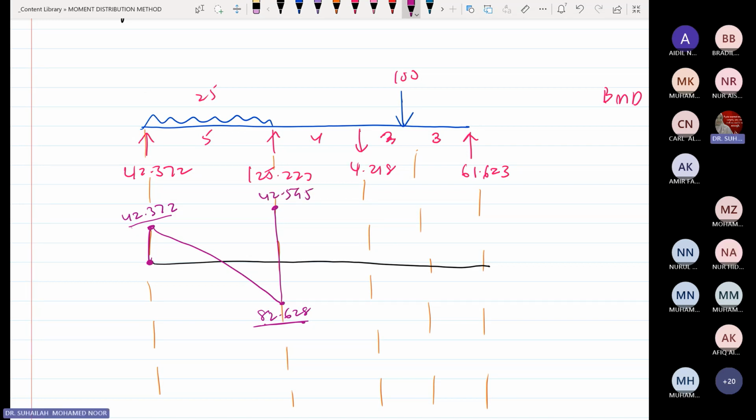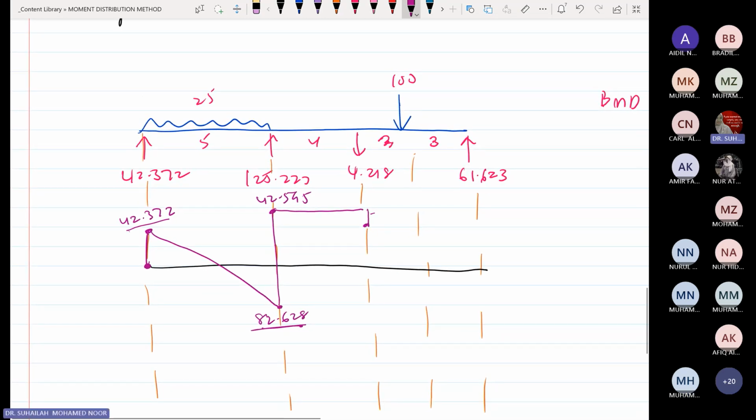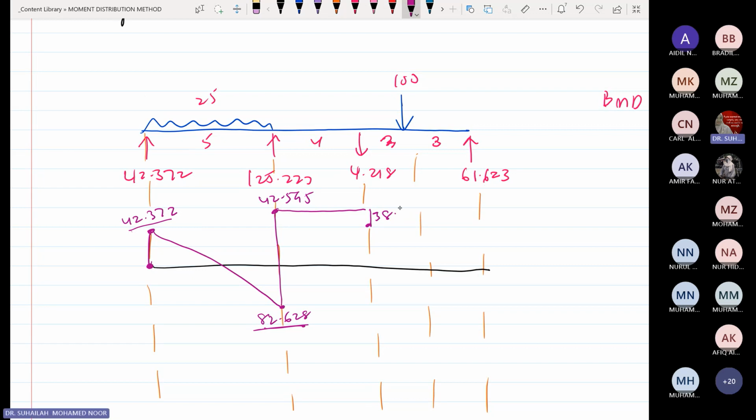Okay, straight sampai sini, turun. Okay, minus 4.218. 38.377. Okay.